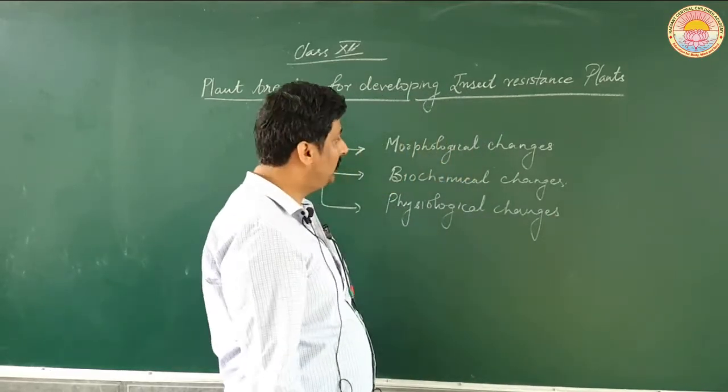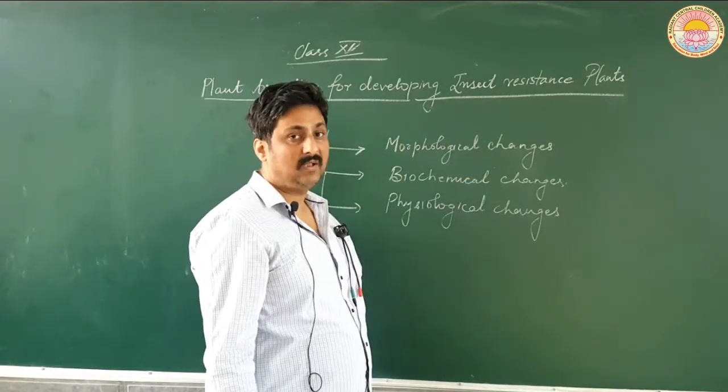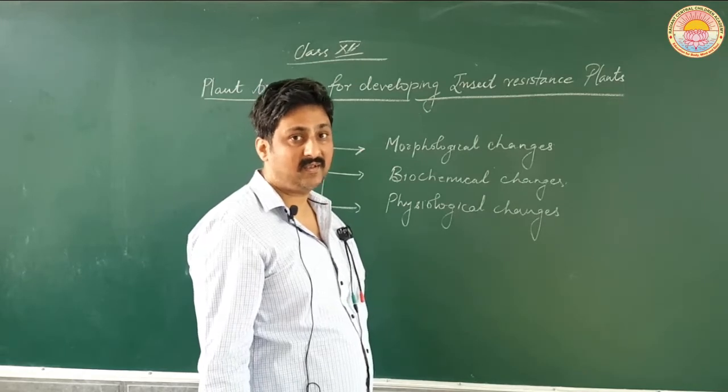So these are the three things where the plant can become insect resistant.